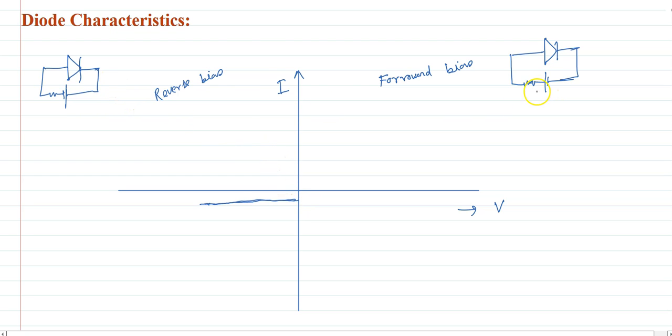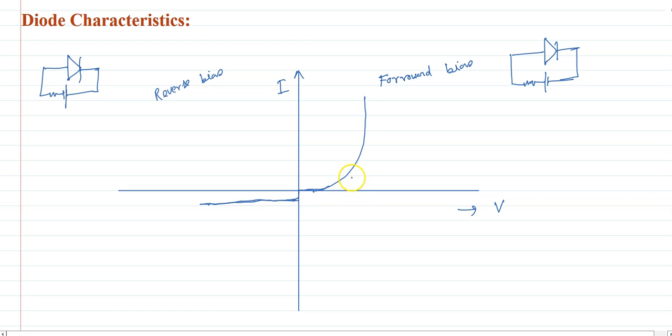Now in forward bias I have told you that for sufficient voltage we get large current, meaning the diode acts as a conductor. Okay, so if we apply a small amount of voltage we get slightly higher current, and then the current rises sharply. When the applied voltage is sufficient, then we get current like this.